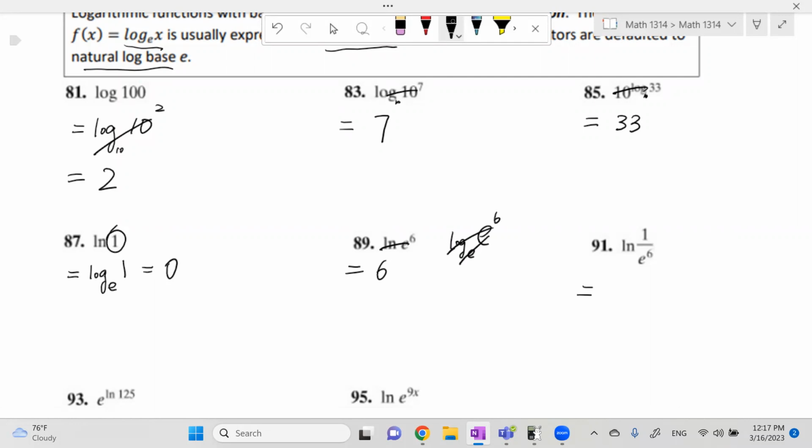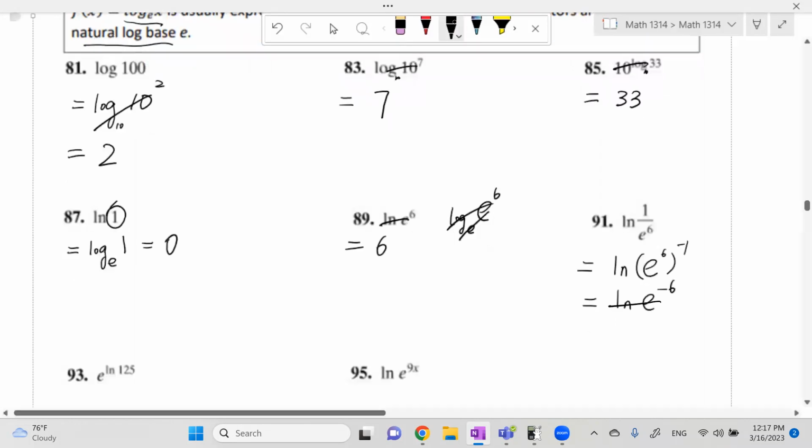I really want to convert it to ln e to some power. Then I do the cancellation. Can you convert it to the form of ln e to some power? Yes, we can, because 1 over e to the 6, I can flip it to the top and raise it to the negative power. We have ln e to the negative 6. So ln and e cancel. We have negative 6.